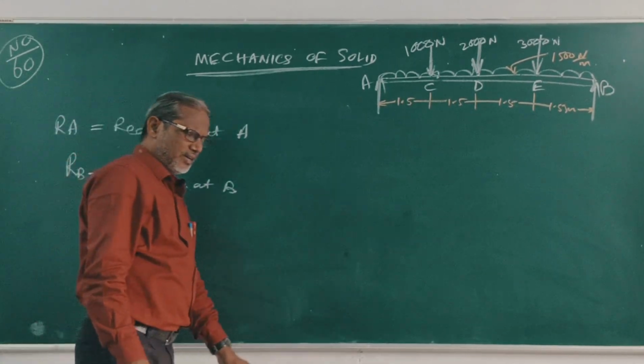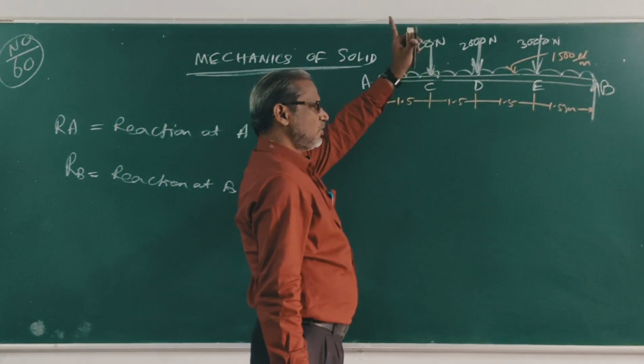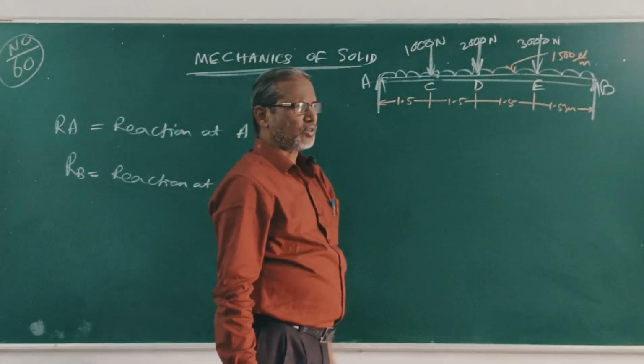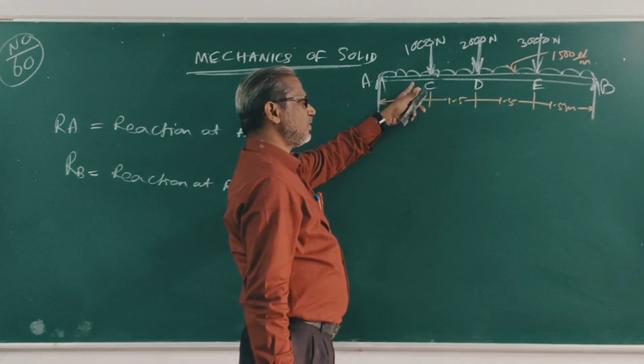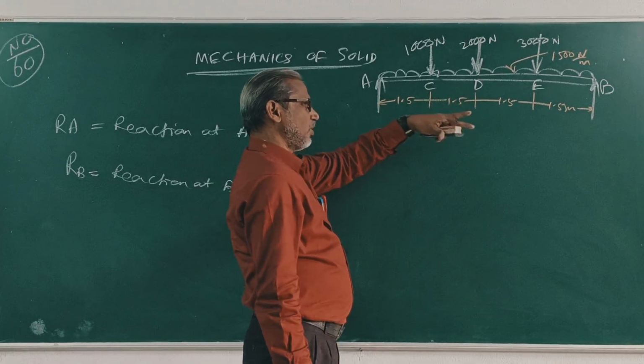Now, first calculate the load. This is 1000 Newton, 2000 Newton, 3000 Newton. The UDL is 1500 Newton per meter for 6 meter length.